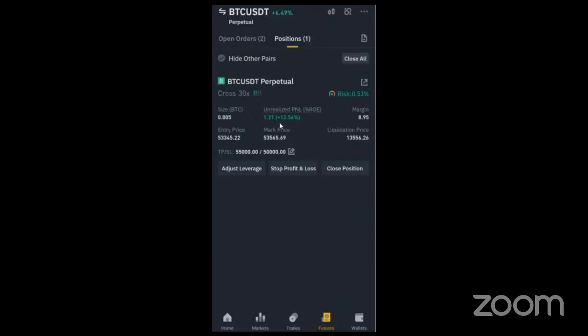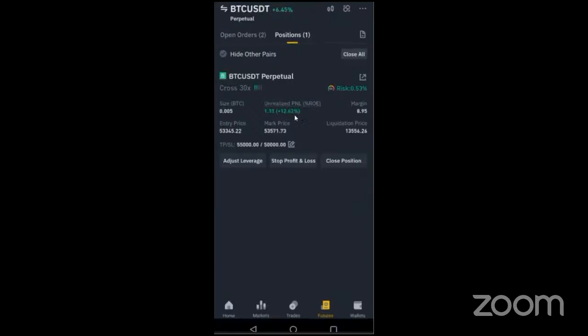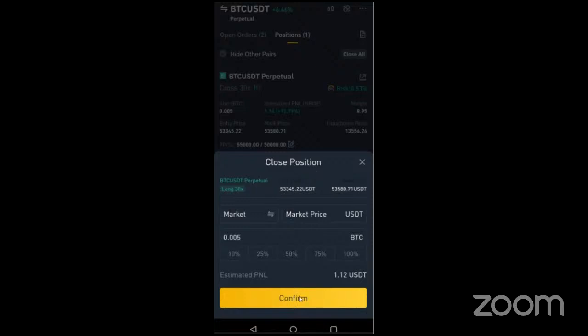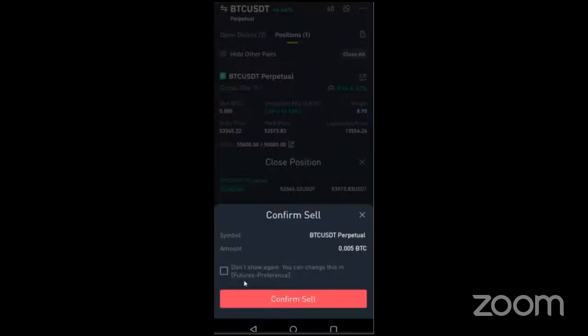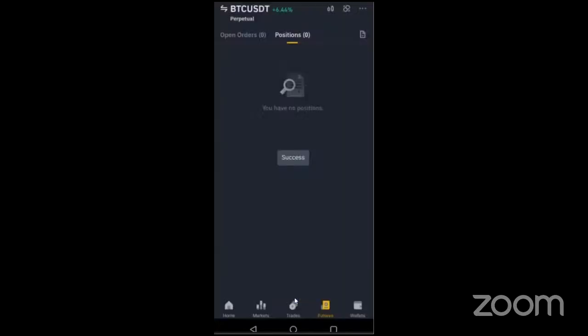Right now we are just around about 13% profit. And if you want to close it right here, you can click on close position, or you can use close all. So let's just click on close position, and automatically it will close that position for you. It will ask you to confirm it, and then once you click on confirm sell, that's all.